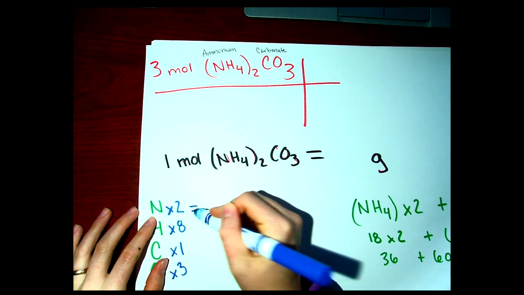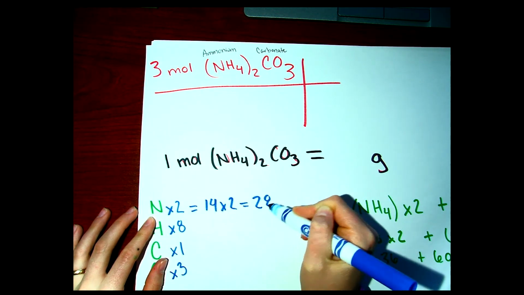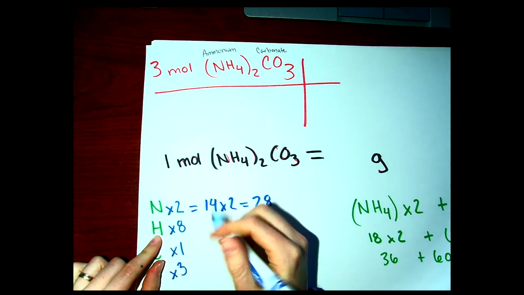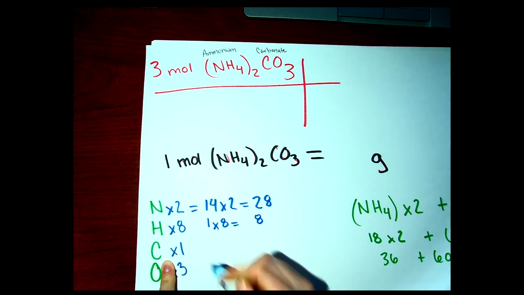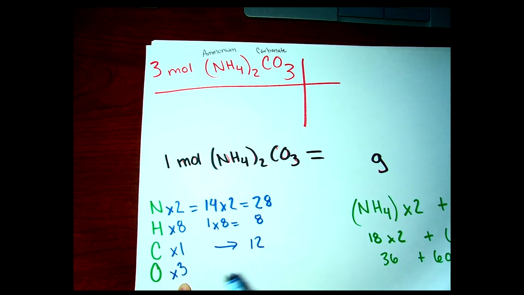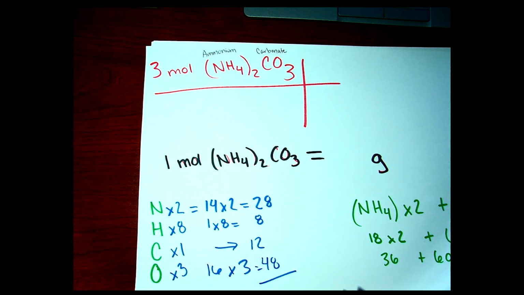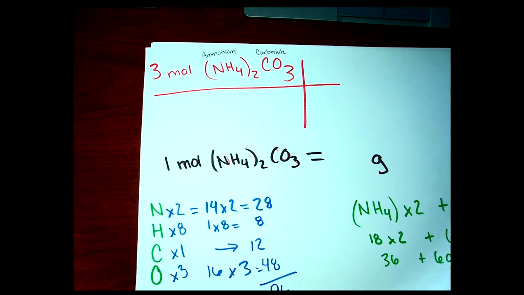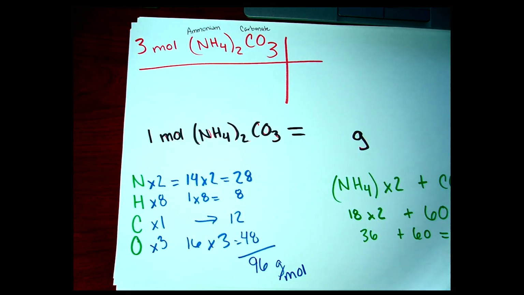Nitrogen is roughly 14, so 14 times 2 would be 28. Hydrogen is roughly 1, so 1 times 8 is 8. Carbon is 12, and oxygen is 16, so times 3 is 48. If we add all that up, that becomes 96. We express that in grams per mole: 96 grams per mole. Now we have that number, and it can be plugged into our conversion factor.